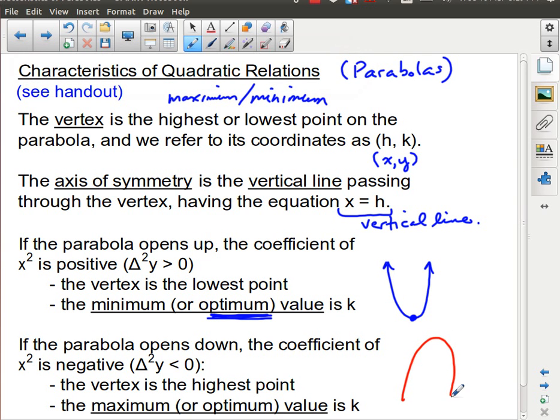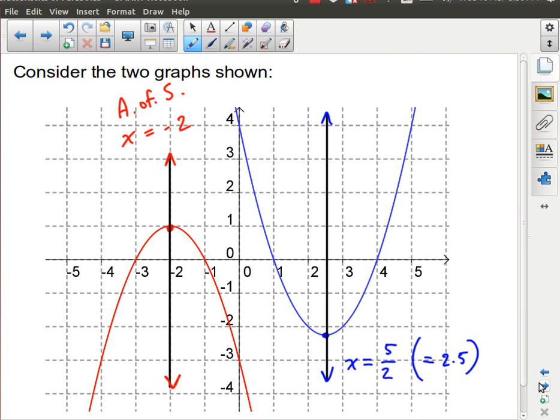So in the case of a very poorly drawn parabola opening down, the optimum value is a maximum, whereas in the case of this blue parabola, because it opens up, the optimum value is a minimum. So it just depends on the shape. Okay, moving on from there, we've got our two parabolas, or two examples. Obviously, there's an infinite number of different parabolas that you could have.